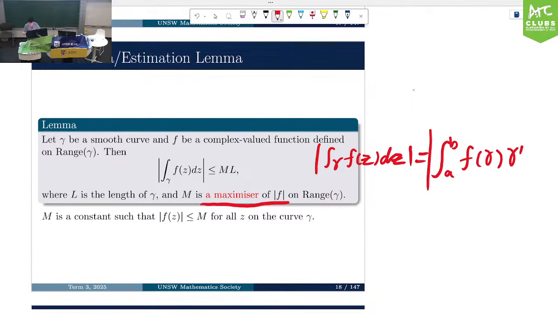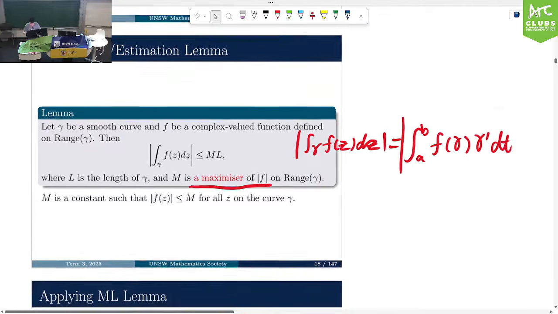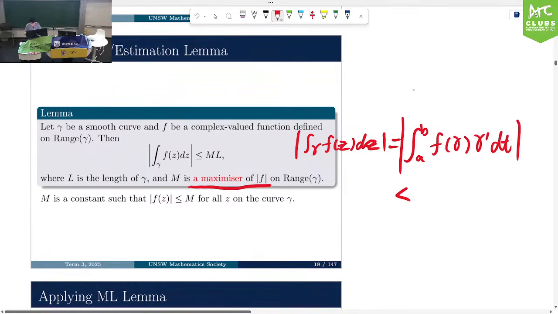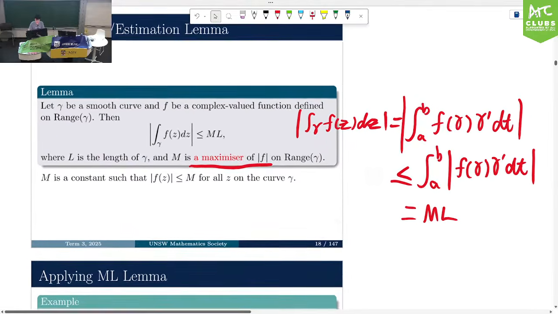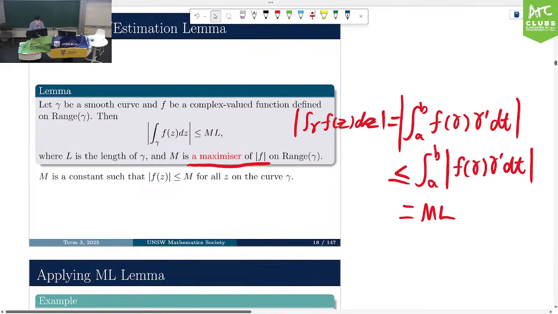So f of gamma times gamma prime dt. And we have seen before that this is less than the integral from a to b of the absolute value of f of gamma times gamma prime dt. And this is actually just equal to ML by definition of M and L. So I guess it's a pretty short proof, but this is a very useful property that allows us to do many things, especially in residues, which Thomas will talk about later.